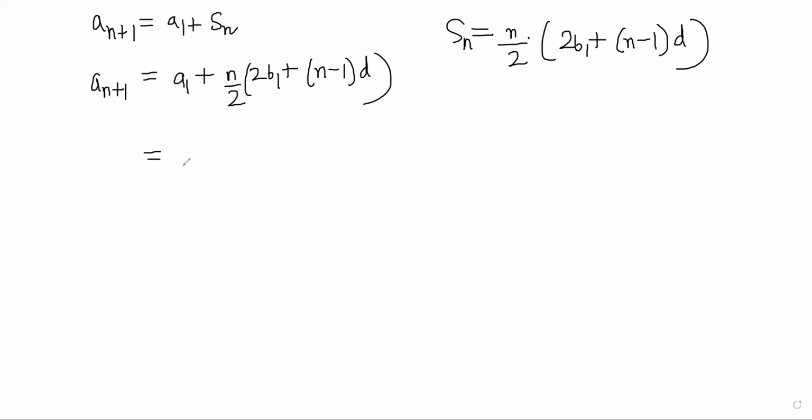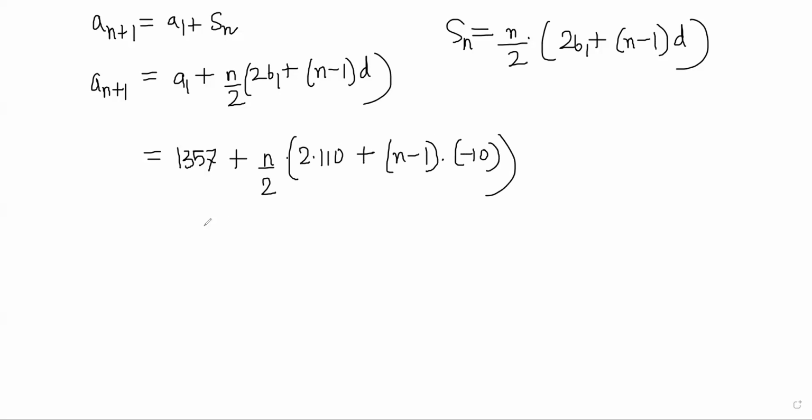Now this is 1357 plus n by 2 times 2b1, which is 2 into 110, plus n minus 1 into minus 10, right? So this simplifies to minus 5n squared plus 115n plus 1357. That is your An plus 1.